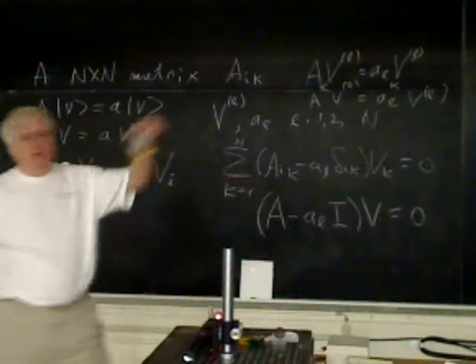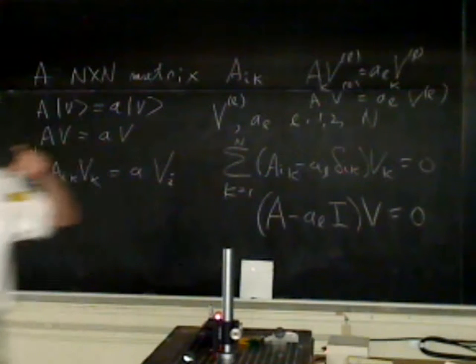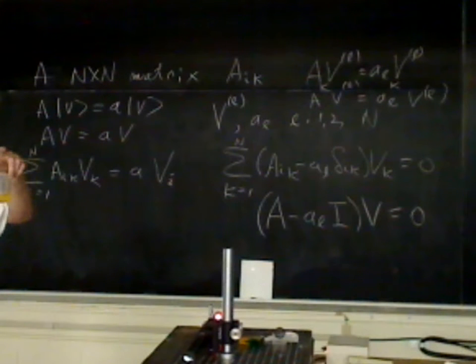Now this is sugar. Natural sugar is composed of molecules that are not invariant, that change when you make a parity transformation.